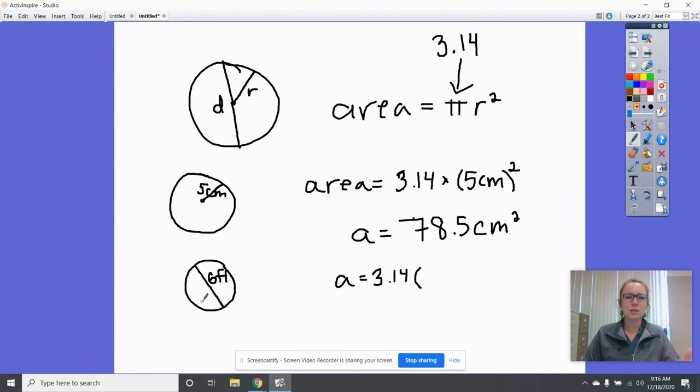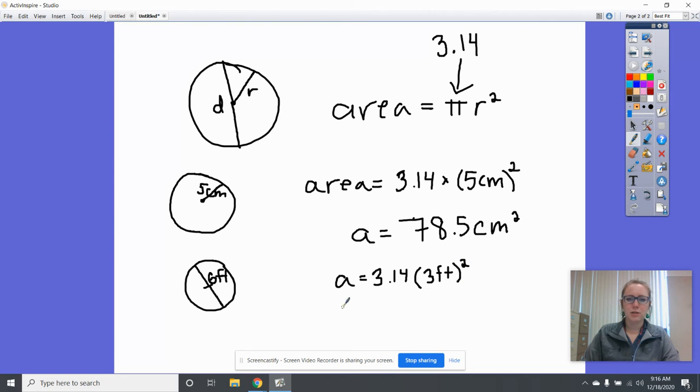Well, this doesn't tell us the radius. We don't know the radius. But we can figure it out because the radius is halfway across the circle. The diameter is all the way across the circle. So we just have to divide that by 2 or split it in half. So half of 6 is 3. So our radius is 3 feet.